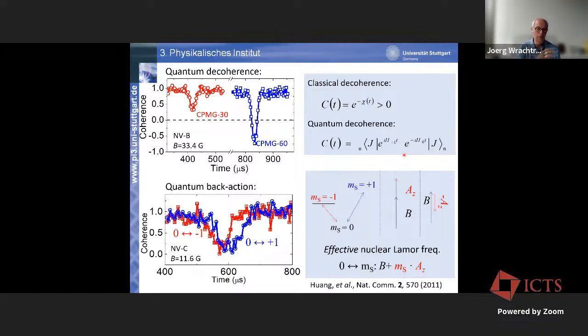That is when your electron spin is measuring, and when you measure the phase on your electron spin, you see that it has a back action on the nuclear spin, and this you can see here by the slightly different frequencies we measure upon different measurement sequences of the electron spin. So this red curve here is one way to measure the electron spin. The blue curve is a signal when you have another way of measuring the electron spin, and you see it's slightly distinct frequencies. This comes from the back action of the electron spin, and that's good confirmation that at least in this case you have an entangled electron nuclear spin system.